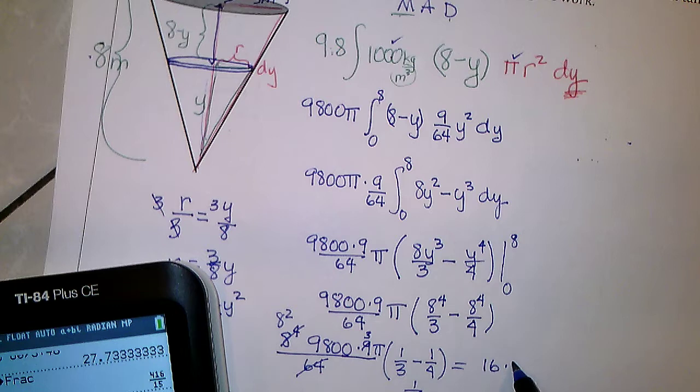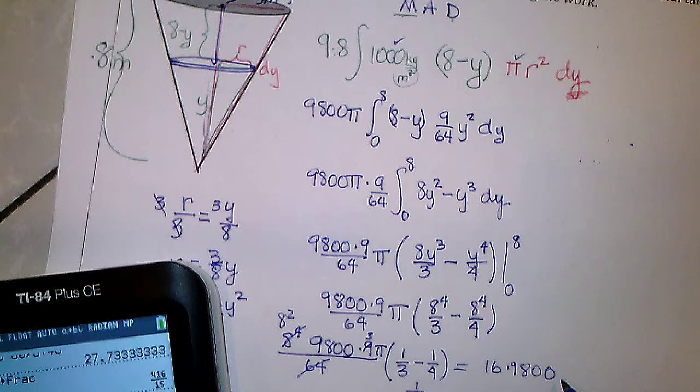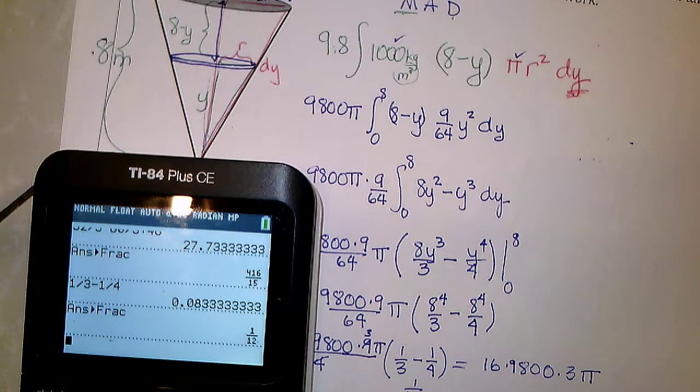16 times 9800 times 3 pi. Now, let's see what that is.